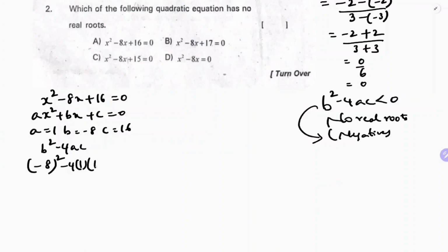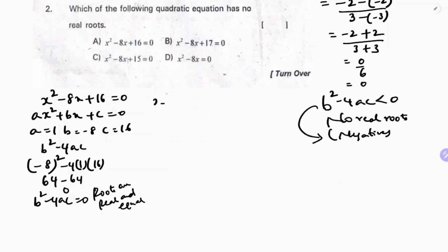minus 4 into 1 into 16. 8 square is 64, minus 64, 0. So here b square minus 4ac is 0. Roots are real and equal. So A is not the correct option because we want no real roots. So b square minus 4ac value should be negative. Now, x square minus 8x plus 17.